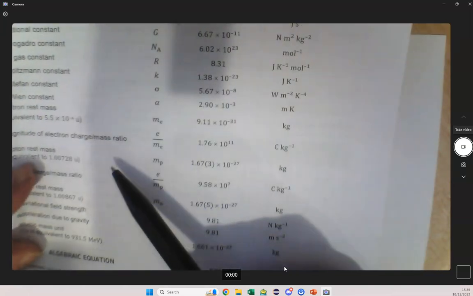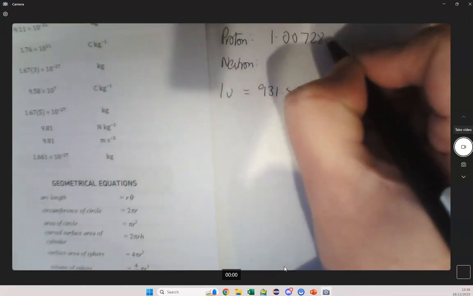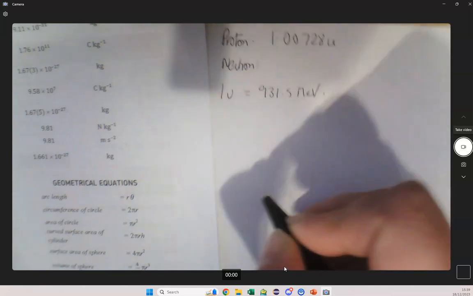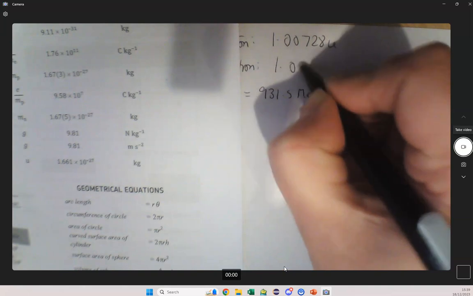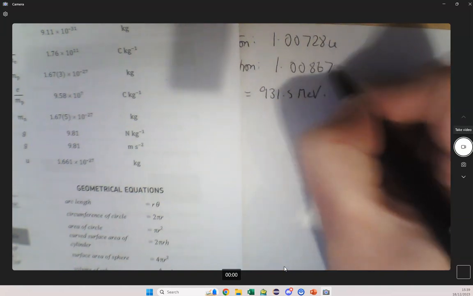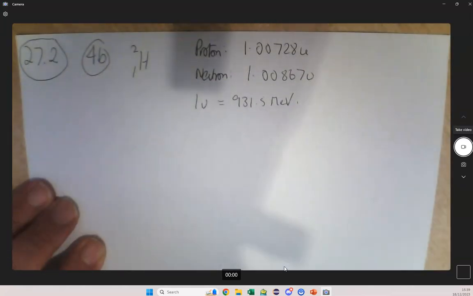The rest mass of a proton is 1.00728 U. And the neutron rest mass, it says, is 1.00867 U. Alright, so they're basically straight from our formula sheet. Now we should have everything we need.